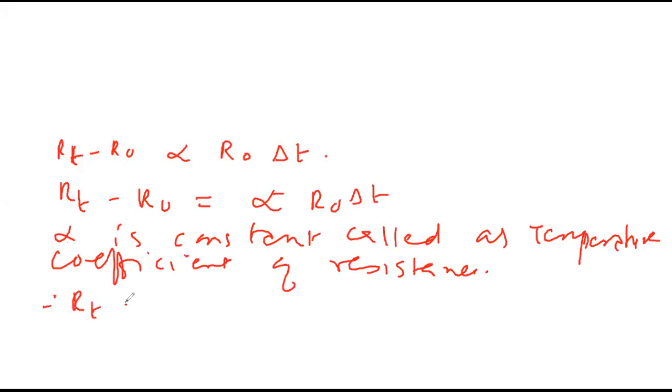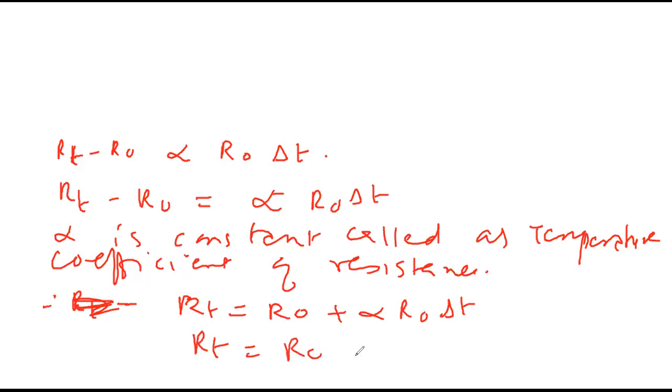Taking R0 on the left side, RT equals R0 plus alpha R0 delta T. So RT equals R0 into 1 plus alpha delta T.